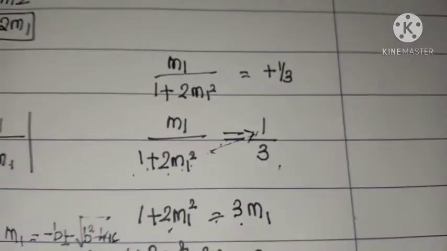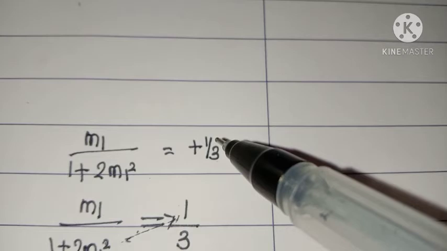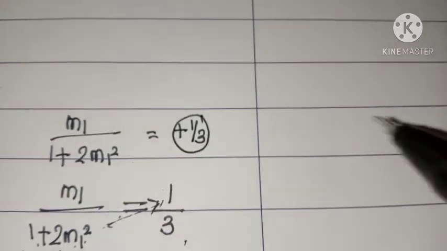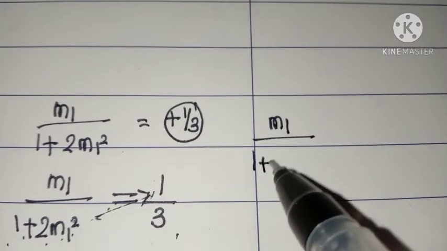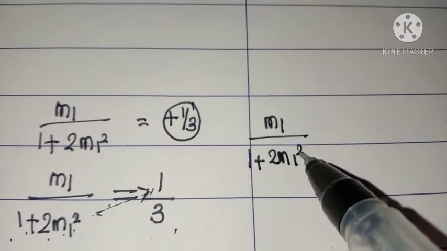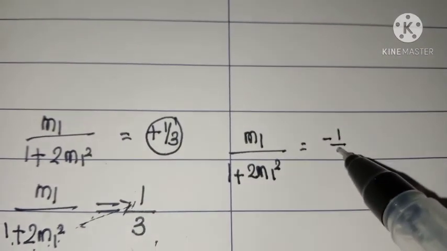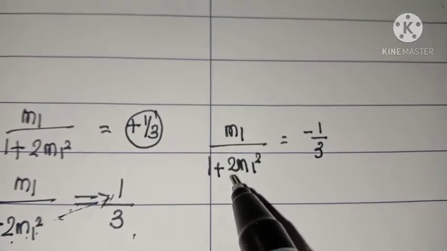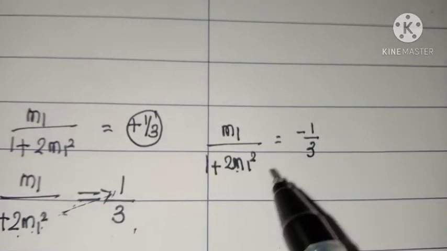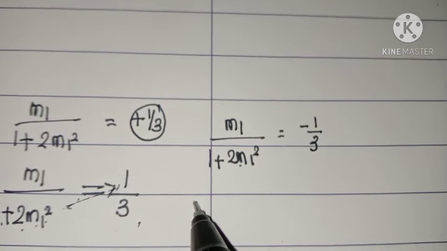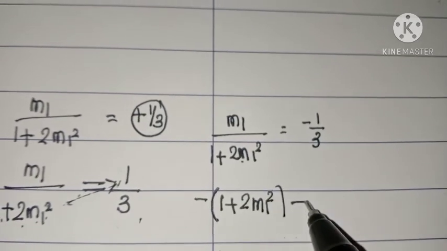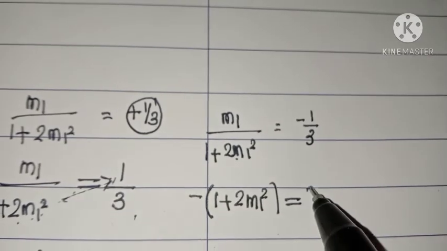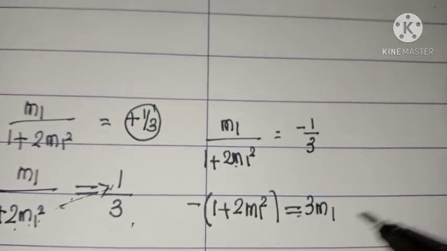Okay. Similarly, here we considered positive 1 by 3. Now take negative 1 by 3. So m1 by 2 m1 square is equal to negative 1 by 3. Cross multiply. 1 into 2m1 square into minus 1 is minus 1 minus 2 m1 square equal to 3 into m1, 3 m1.